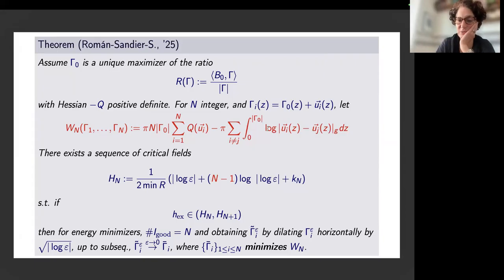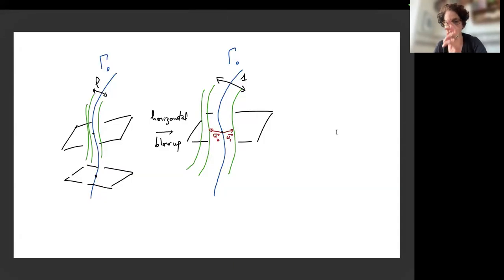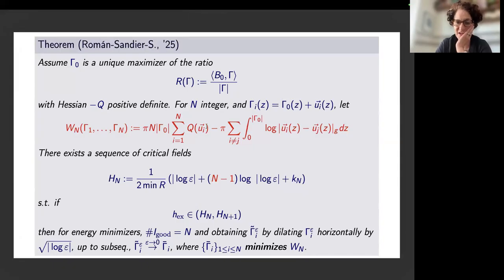So that's the logarithmic repulsion between the curves, and it gets written in a certain metric g that's associated to these tubular coordinates. So if everything is straight, you just integrate log |u_i minus u_j|, right? So the picture is like this. These are the u_i's. So this, in fact, contains exactly what we wanted, which is it contains the logarithmic repulsion, and it contains the length and magnetic effect in the form of the Hessian of this problem. So it contains the corrections, if you want, to that effect.